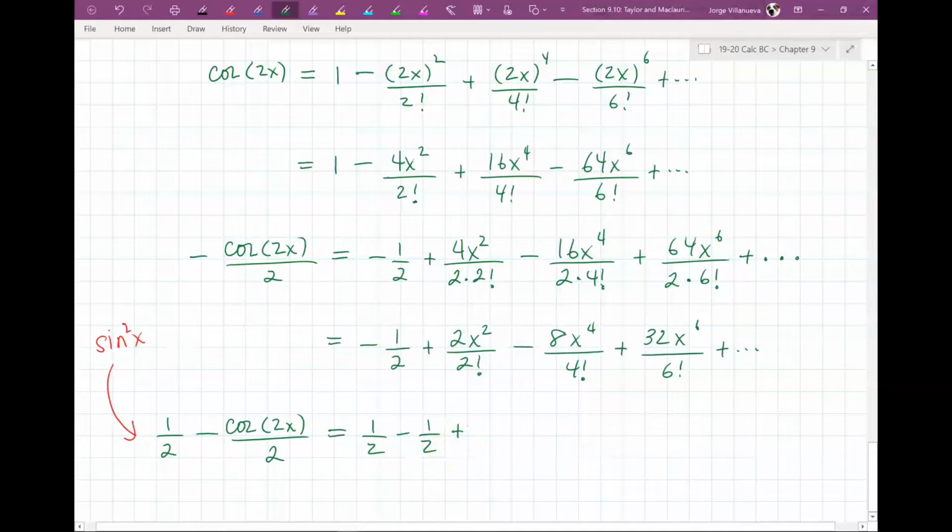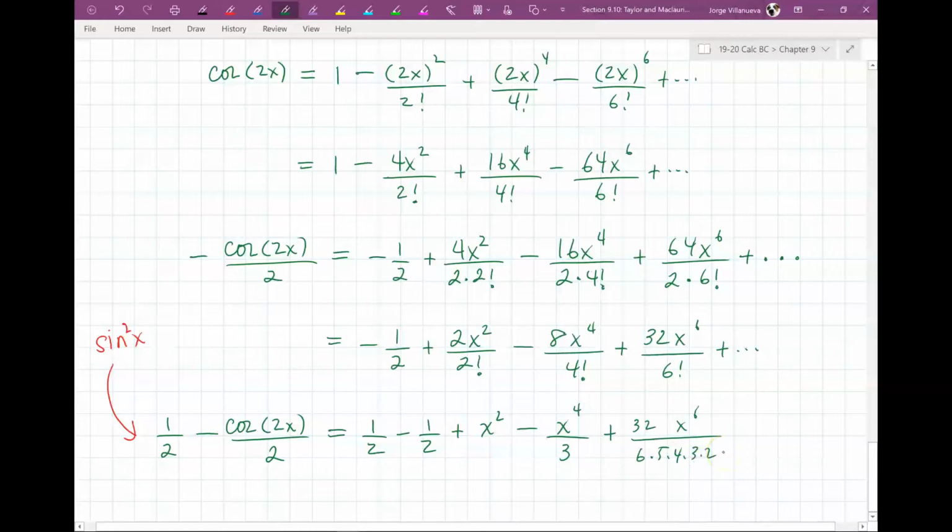Now let's simplify a little bit more here. This will just be x squared because the 2 divided by 2 factorial will go away. Minus x to the fourth over, let's see, the 8, 4 times 2 cancels, so you have a 3, plus 32 over 6 factorial. What can I do? Let me erase this work right now. But 6, 5, 4, 3, 2.